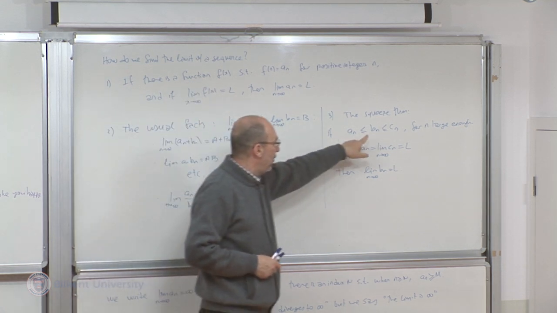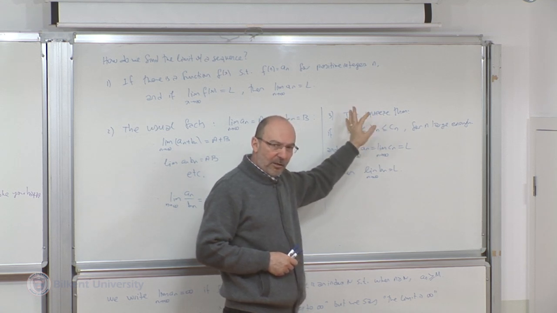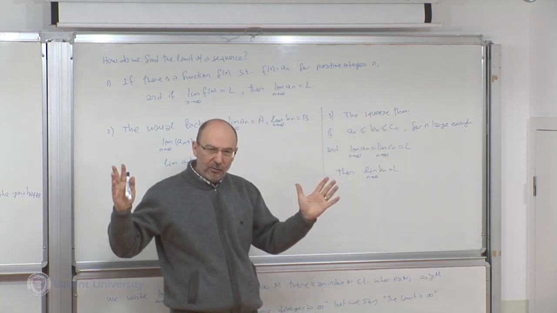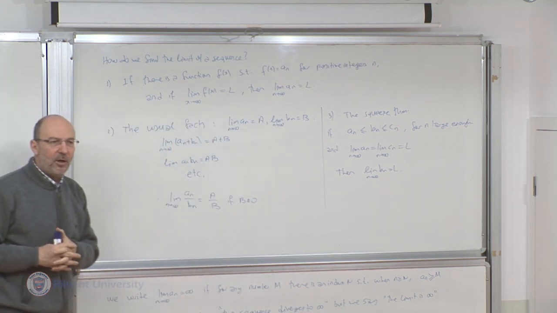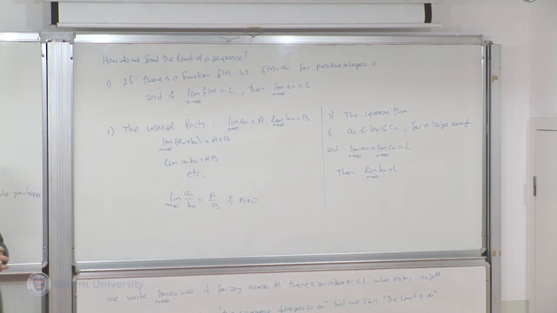This is useful when this thing wiggles around a lot. You can't control its behavior, but you have two nice guys squeezing it from both sides, then you control, then you understand the behavior.